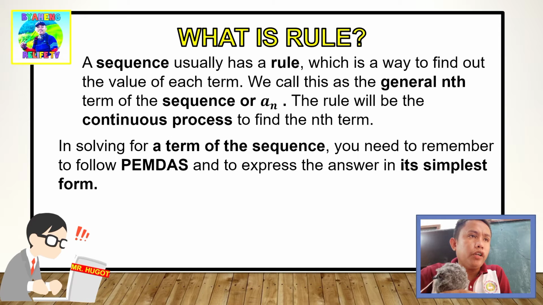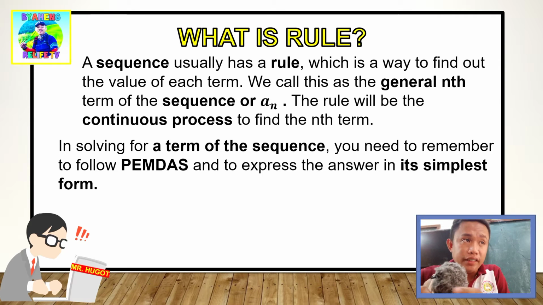So usually guys, if we're talking about the terms in a sequence, we're just going to remember to follow PEMDAS. Simple lang guys, if we're going to provide a rule o yung mismong equation na gagamitin natin para makuha yung mga terms sa ating sequence, PEMDAS ang gagamitin natin.